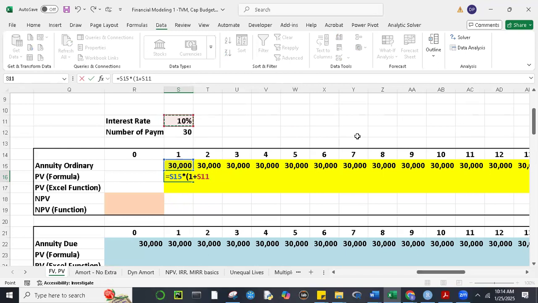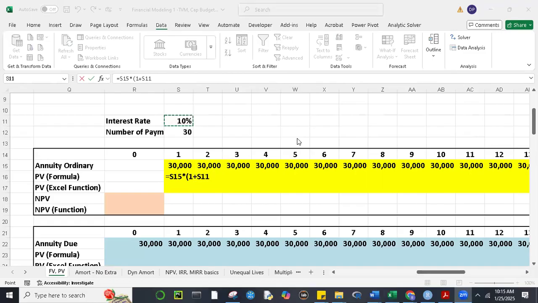You know how to fix cells, class? How do I fix S11 so that I can just copy that to the right? Are you familiar with fixing absolute and relative cell references? Yes, correct. F4. Thank you, Nix.